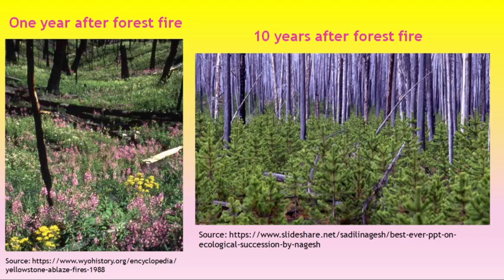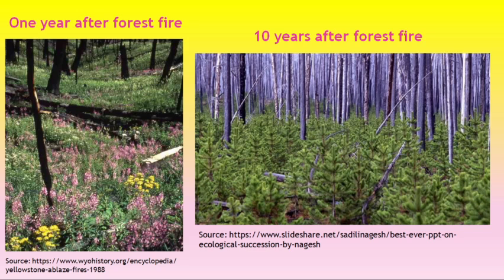So a lot of varieties of new plants can be observed here, and after 10 years of the forest fire, you can still see a change in the biotic community, as well as more varieties of plants through these pictures. So secondary succession starts at a place where the existing community's organic matter is present in the form of nutrients and minerals.